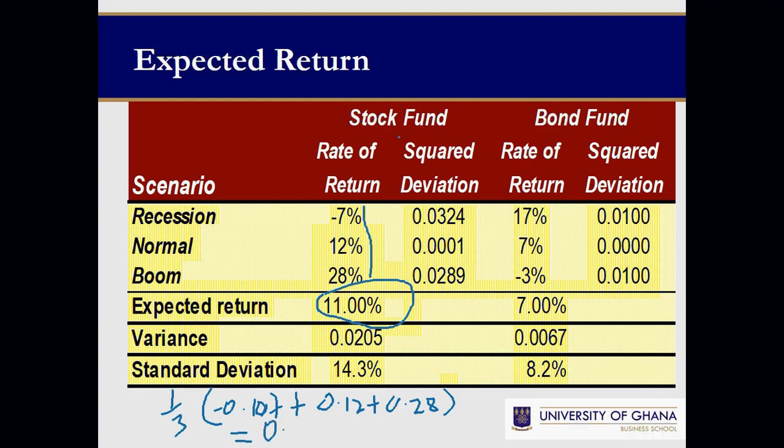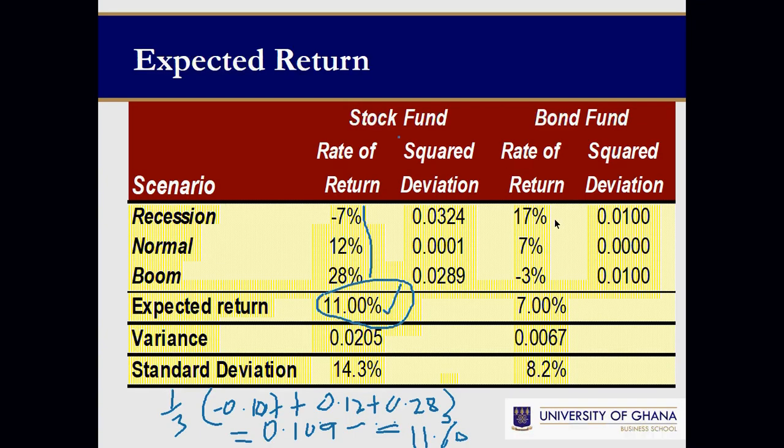And when we convert it, we are getting approximately 11%. That's what we are seeing here.